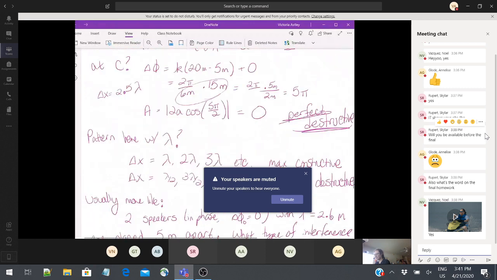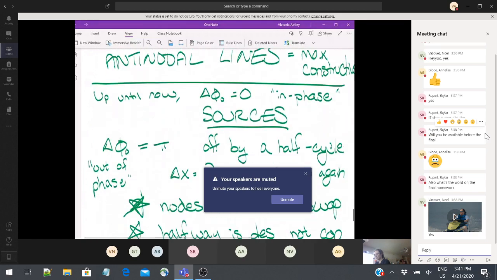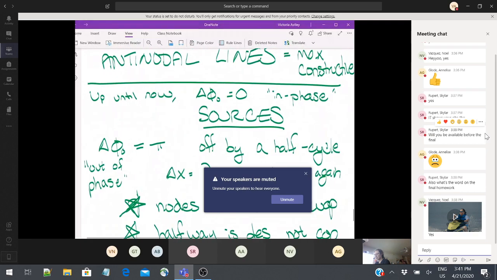That's our key, in terms of whether, by the time the waves reach a particular point, they are in phase with each other, making constructive interference, out of phase with each other, making destructive interference, or something in between, right?